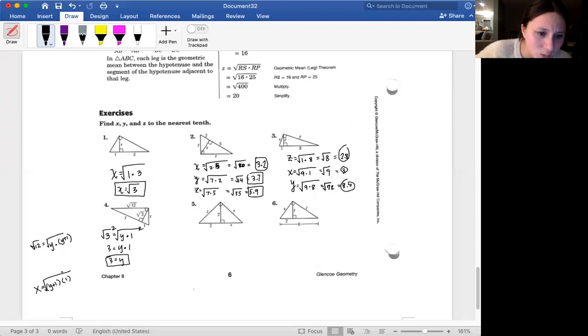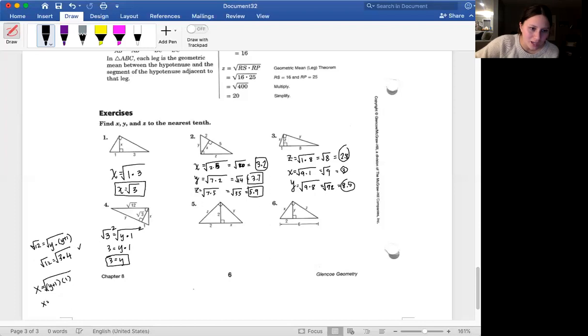Now in this one, I didn't really have to solve it because I already have y. If we wanted to plug that in to double check that it's square root of 12: 3 times 3 plus 1 is 4. So 3 times 4 is 12. Yeah, that works out. So I think 3 is a good answer there.